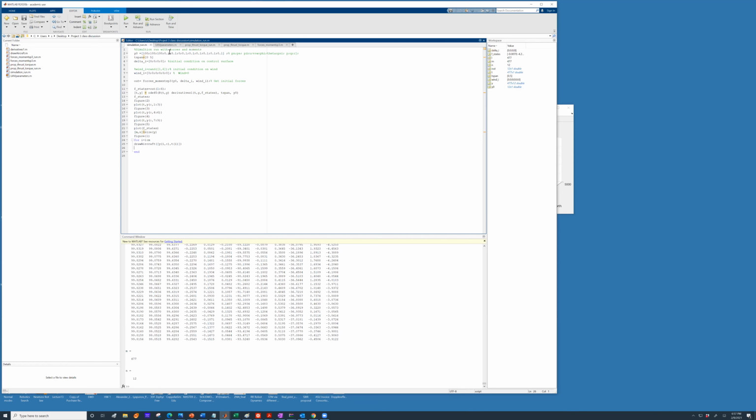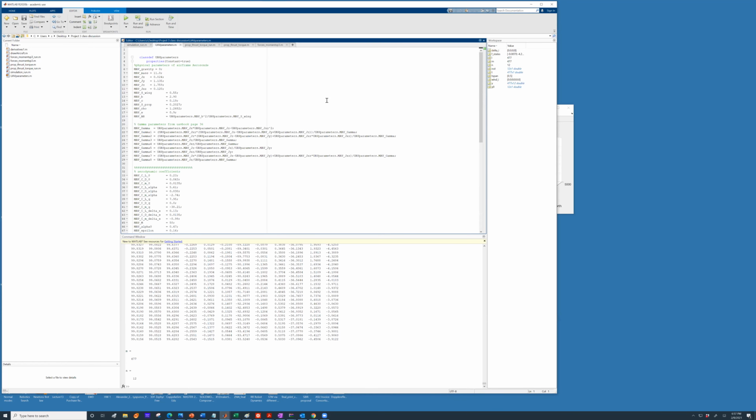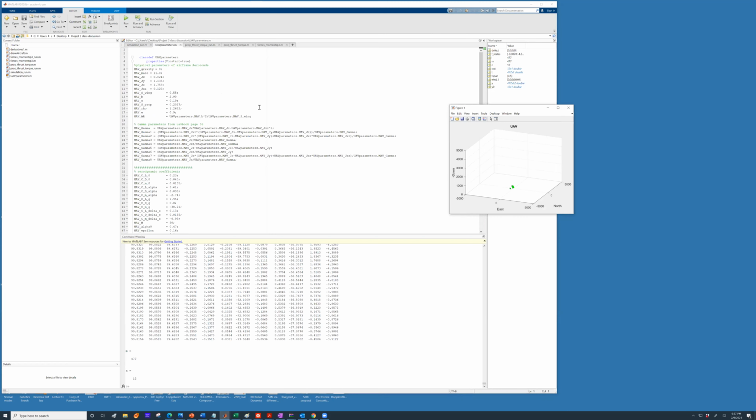Now, what I want to talk about, first and foremost, let's look at UAV parameters.m. I want everyone to open UAV parameters.m. So this is called a class. MATLAB can do object-oriented programming. MATLAB has objects and MATLAB has classes.